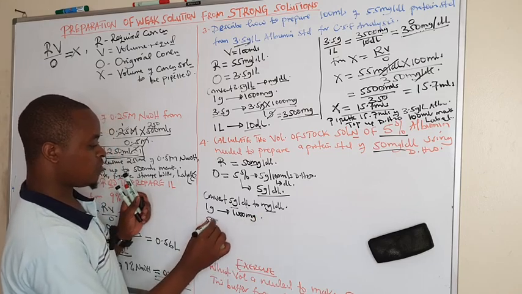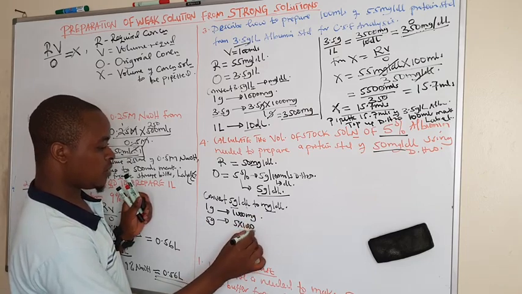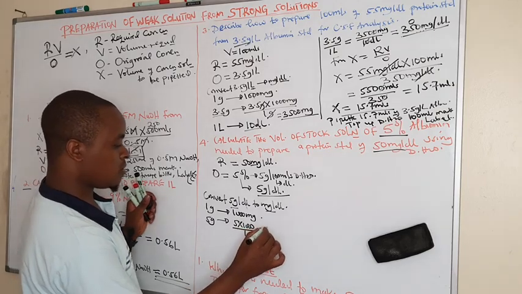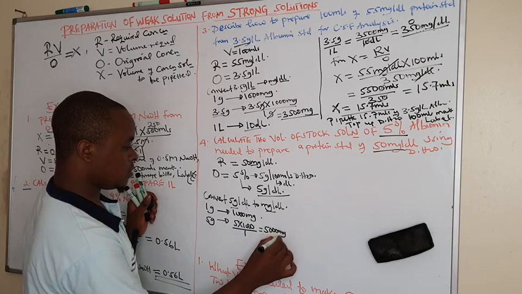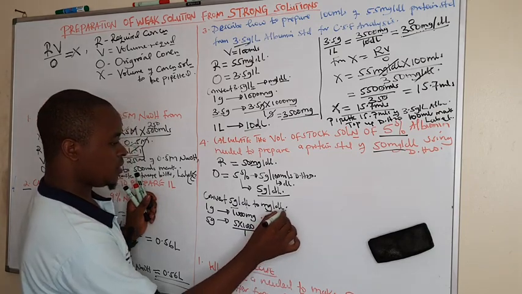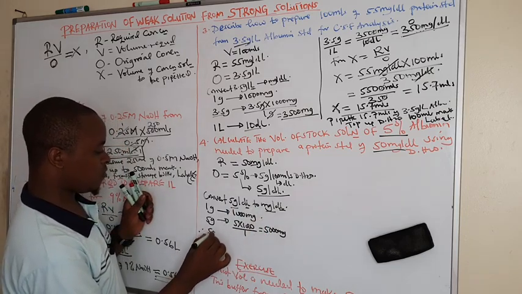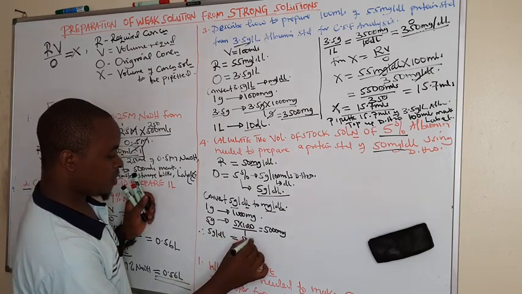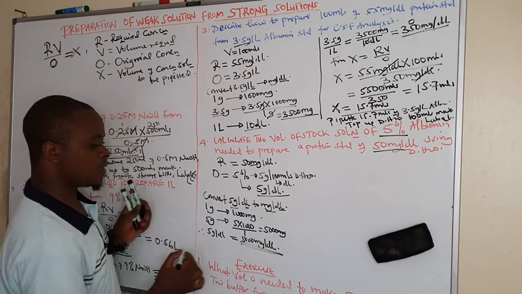What about 5 grams? You cross multiply, that is 5 times 1,000, we divide by 1, and we get our 5,000 milligrams. Deciliter remains the same, so finally we are going to see that 5 grams per deciliter is the same as 5,000 milligrams per deciliter. So this is the standard.